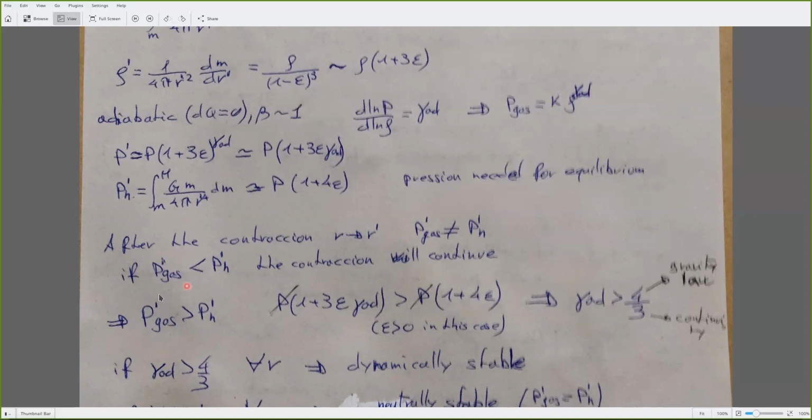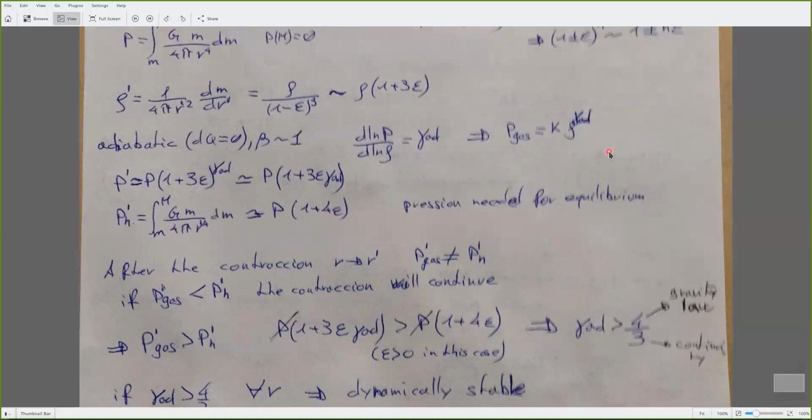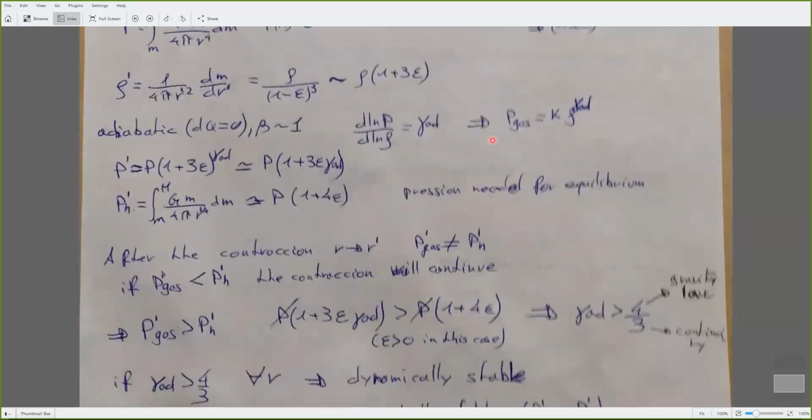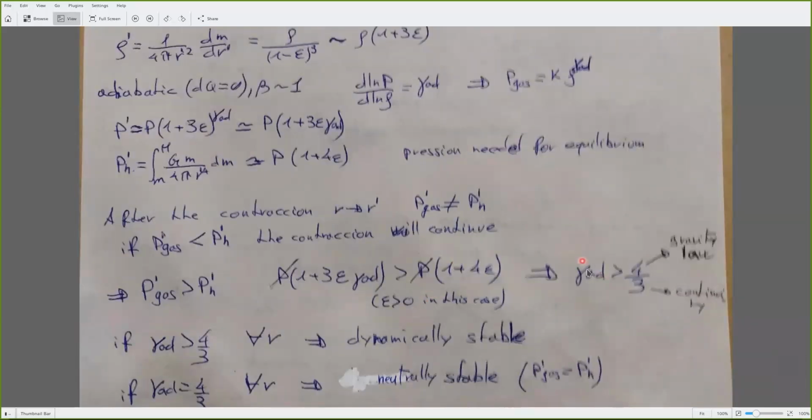So rewriting the two values and taking away the common pressure, we have epsilon here, but this epsilon is positive because we have contraction, which is already considered by the minus here. So for stability, the adiabatic coefficient must be greater than 4/3.